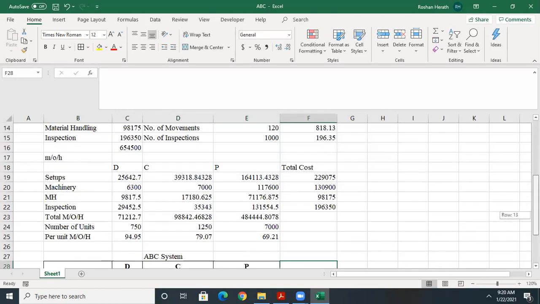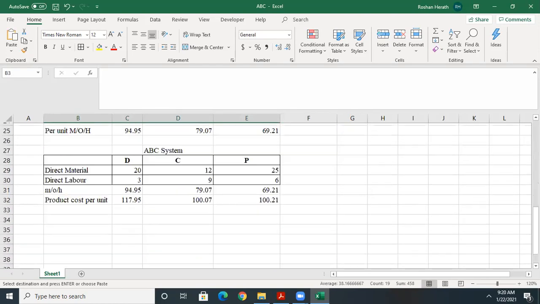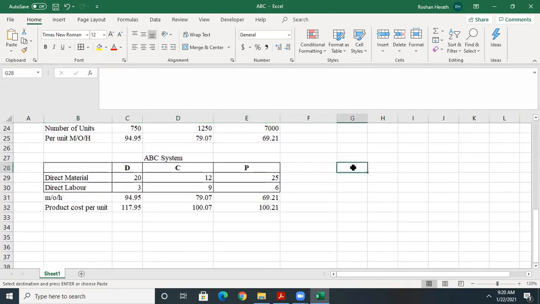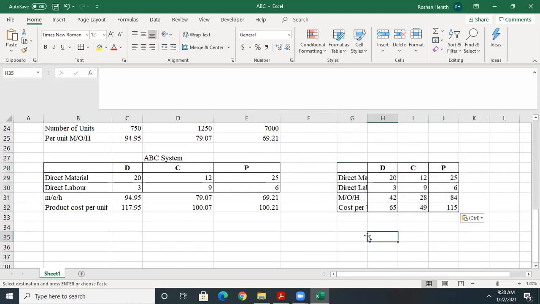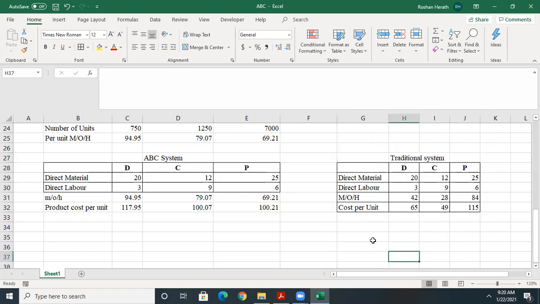So let me take the comparative figures, then let's look at how it was under the traditional system. This was the situation under the traditional system. Now compare the situation and see what has happened.